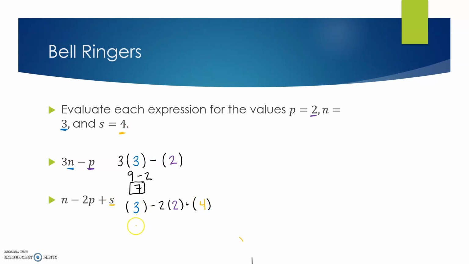So now I'm going to have 3 minus 4 plus 4. Order of operations says that I do addition and subtraction in order from left to right, so it'd be -1 plus 4, and then -1 plus 4 is 3.